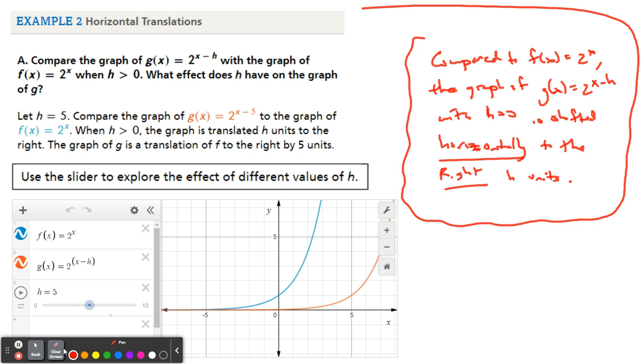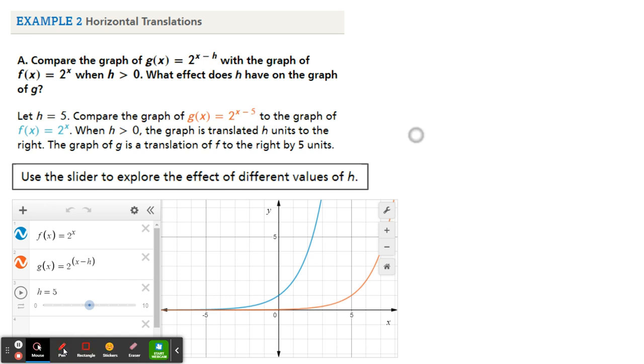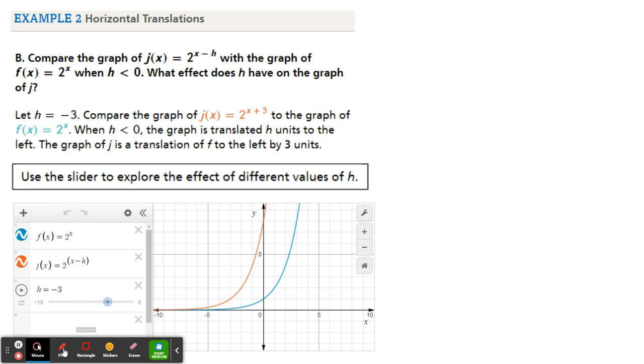Okay. All right. Part B, let's check out the other horizontal translation. Part B says, how does your graph compare when your h value is a negative number? Well, if this h is a negative, it's going to be a negative, negative h, which turns into a plus h. So you're going to see a plus number up here, right?